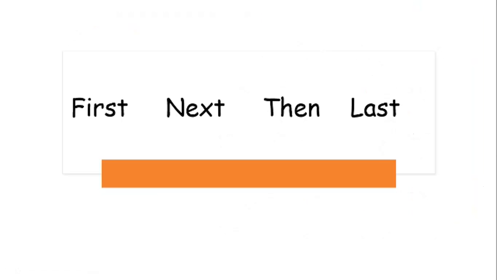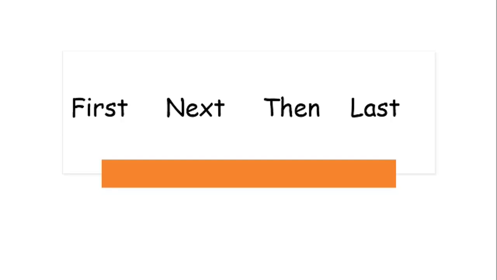So boys and girls, here's what you are going to do for me. You are going to draw the sequence of the story for me, and you're using your transition words. So your transition words are first, next, then, and last. So write your transition words as it is there on the screen. You're doing this in your drawing box, and then you're going to draw a picture for each scene, each section.